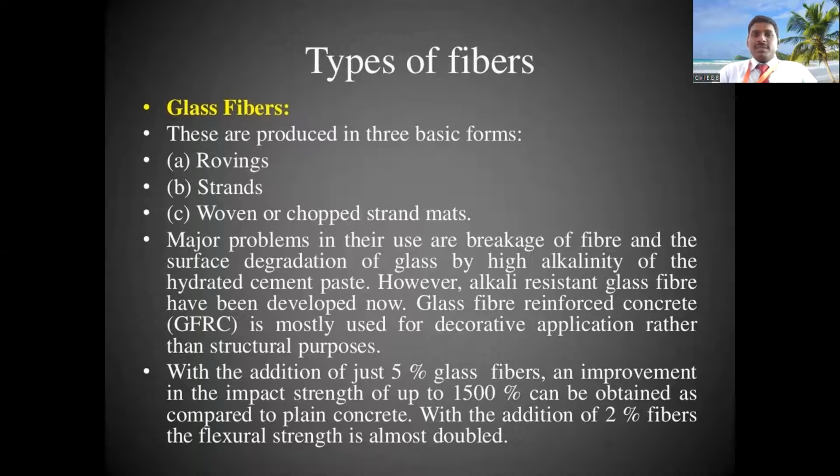The major problem in their use is the breakage of the fiber and the surface degradation of the glass by the high alkalinity of the hydrated cement paste. So this is the only problem with the glass fiber.